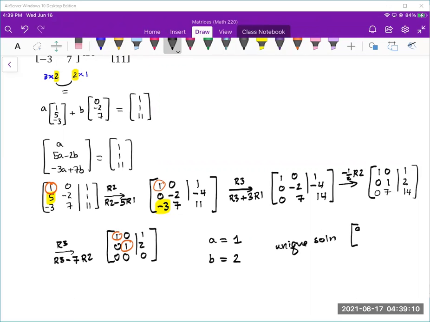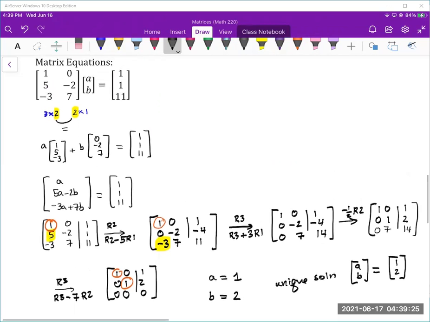The vector A, B was equal to 1, 2. So we had this matrix vector product, and we were able to find this unknown vector that, when we multiplied by the matrix, produced the vector 1, 1, 11.